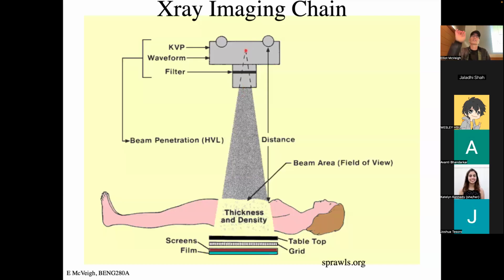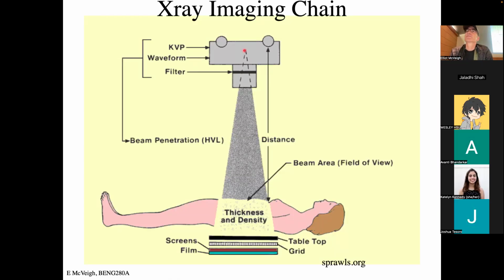Ideally, all of the X-rays would emanate from a single mathematical point, so that when I came down here, I know exactly from where that X-ray came from. Unfortunately, we would burn up our target if we did that, so it usually comes from a rectangle, right? And so that adds a bit of blurring to the imaging because the X-ray might have come from over here, or it could have come from over here, right? So there's a bit of blur.